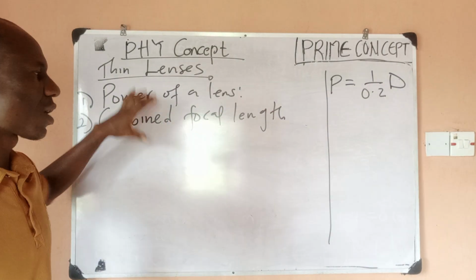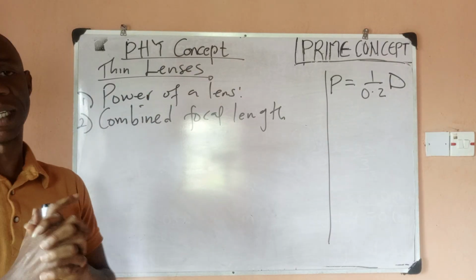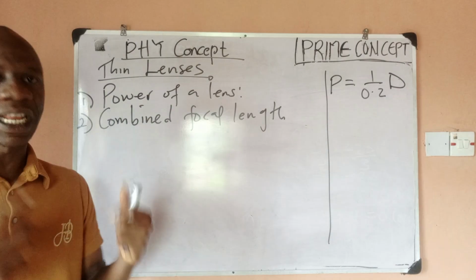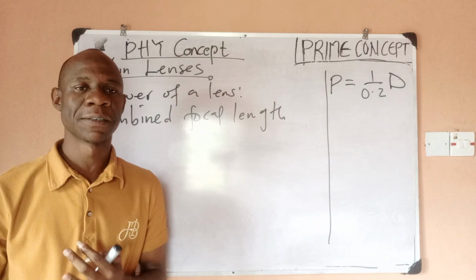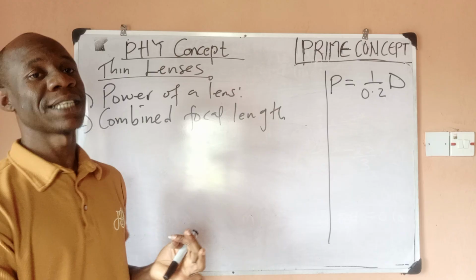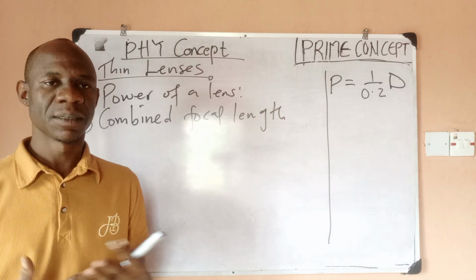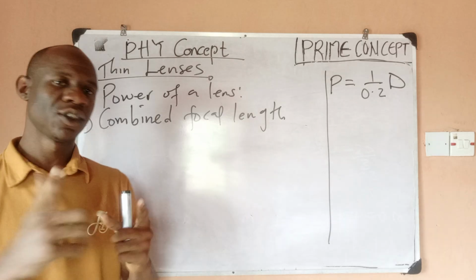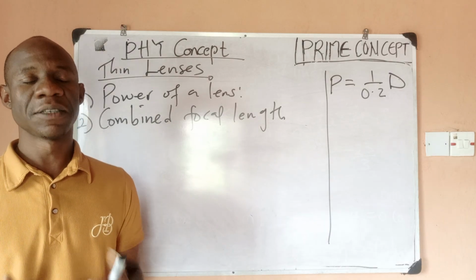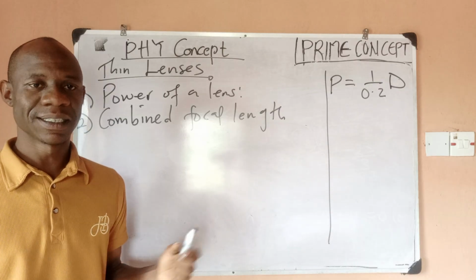You talk about combined focal length when you have two lenses that are combined, right? For example, just like I mentioned, there are people whose eye defect might not be short-sightedness or long-sightedness. There are other defects people can have. Say someone has a defect which is astigmatism.